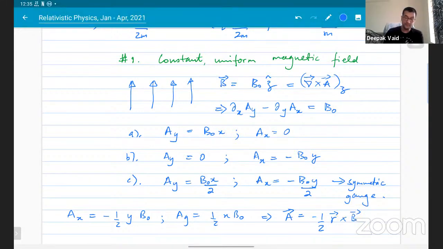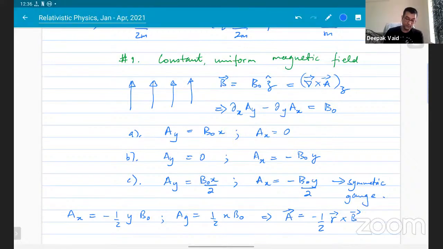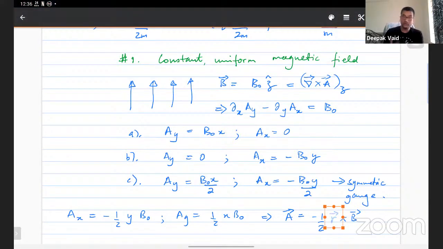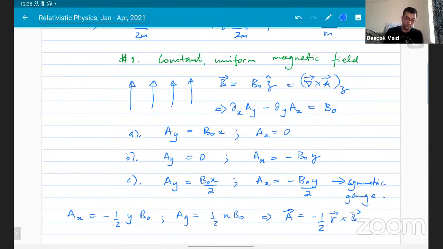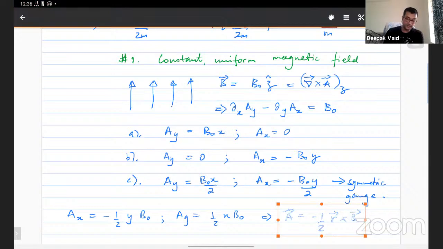Since B only has a Z component, which components of R will contribute? The X and Y components only, and they will contribute in precisely this way. So A can be written as minus 1/2 R cross B.